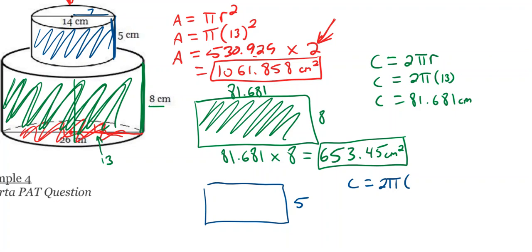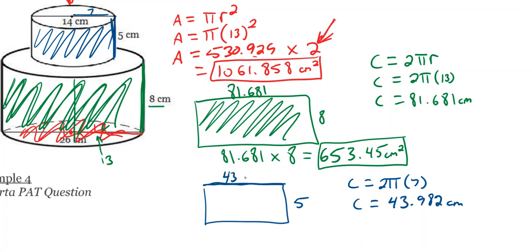So C equals 2 times pi times 7, which is 43.982 centimeters.